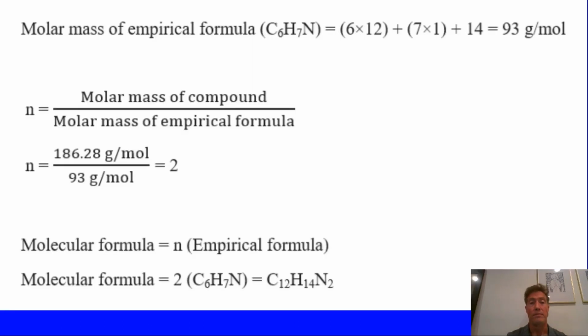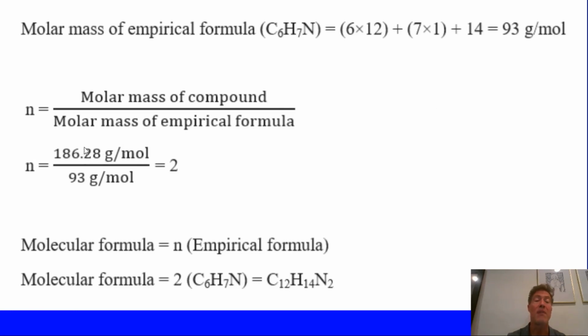So here's an example. We know here that the molar mass of the empirical formula is 6 C's, 6 times 12, H7, 7 times 1, and nitrogen, which is 14, is 93 grams per mole. But the molar mass of the compound turns out to be 186.28.